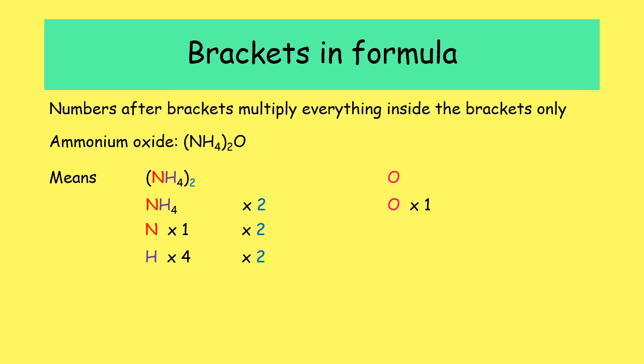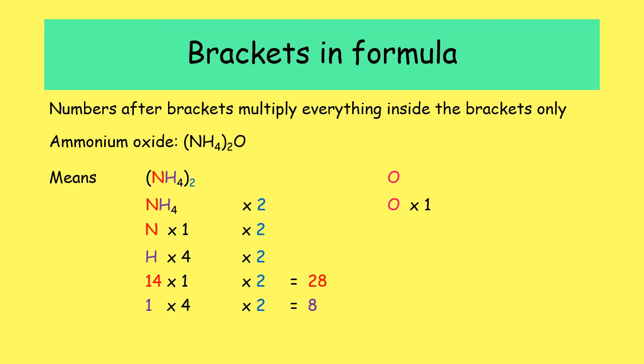Now we need to look up the masses of an N and the mass of an H. So nitrogen has a mass of 14, hydrogen has a mass of 1. So it's going to be for nitrogen 14 times 1, and we've remembered we've got this times 2, so that becomes 28. For hydrogen it's 1 times 4.